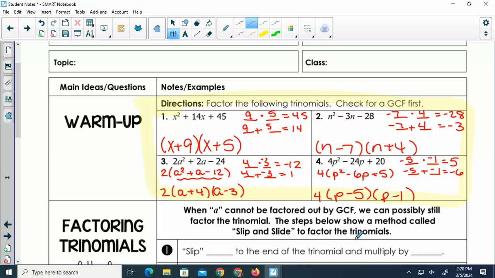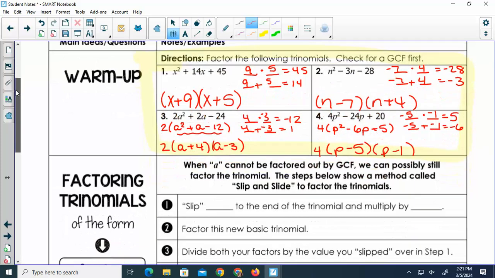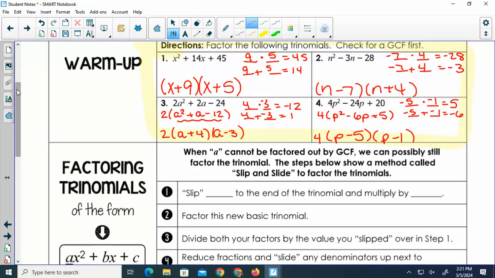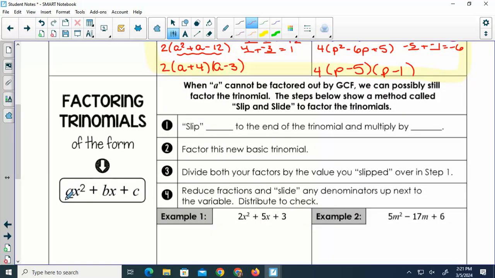So today, we are going to continue with problems like this, but they're going to have something else. They are going to have a coefficient in front of our x squared. And that coefficient may not necessarily be a greatest common factor that we can factor out. So there are lots of different methods for factoring these.